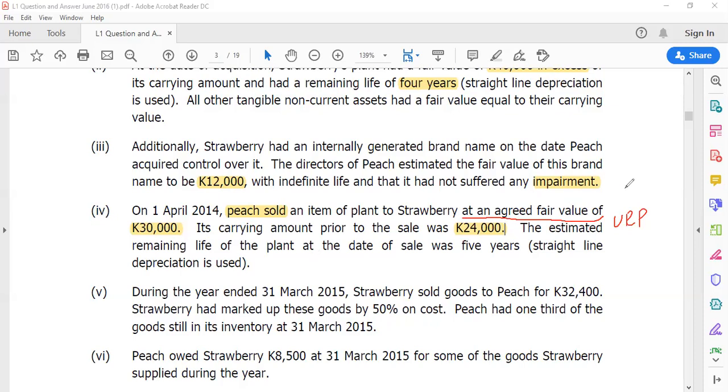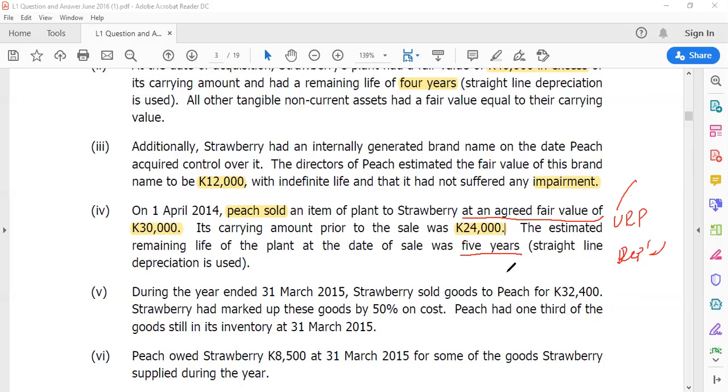So here there's a fair value working. Now, what this means is that we are going to have something called excess depreciation. So here we have two things. We're going to have URP, and then we're going to have excess depreciation, because two things have happened.